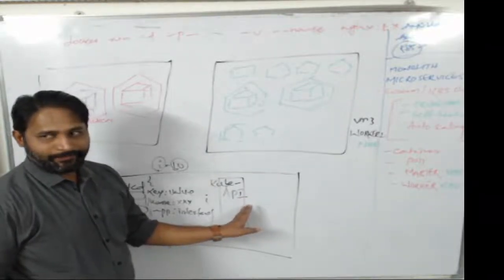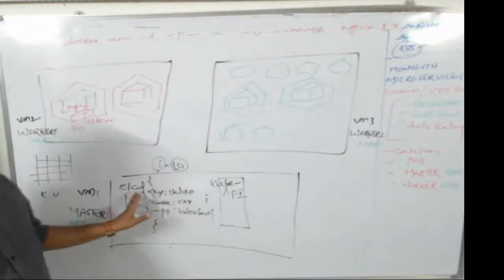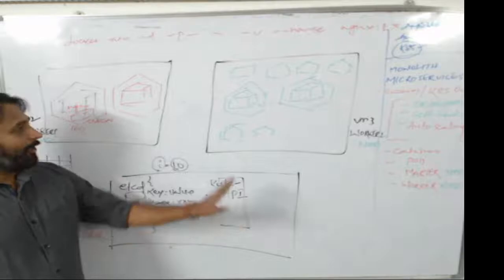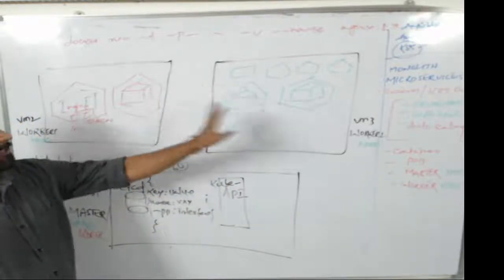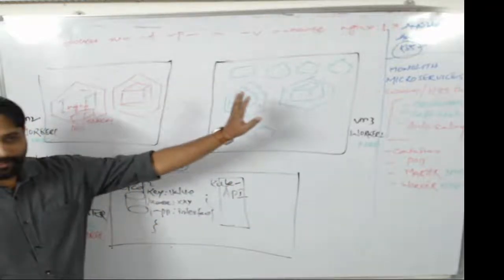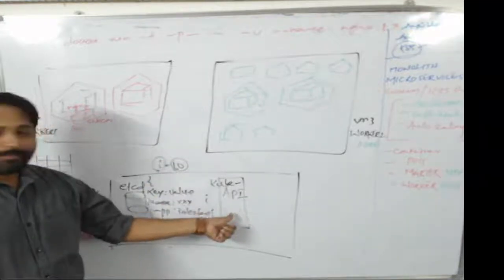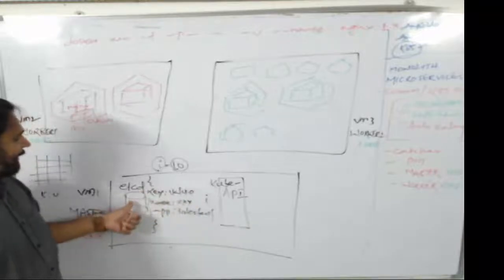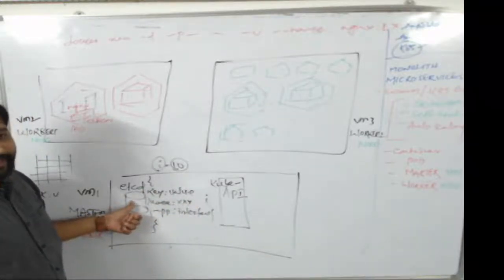Always. So the only thing that can talk to the database is the API server. So if you want to talk about the Kubernetes cluster, or if you want to see the status of the container, you need to talk to the API server. And the API server gets the information from the database.